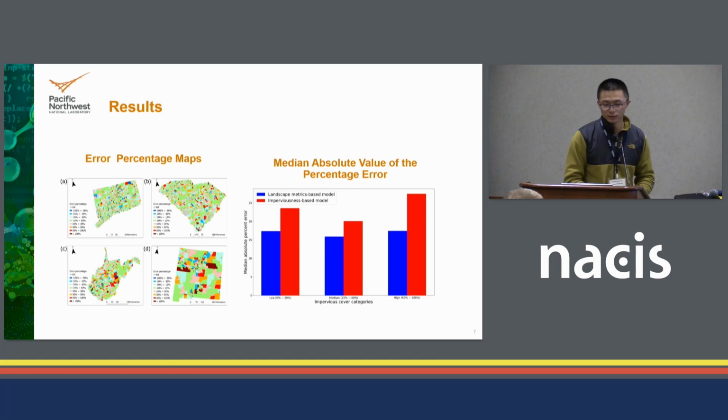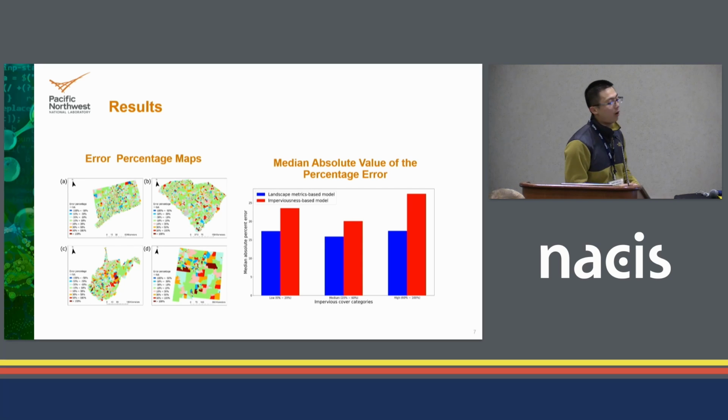This plot shows the median absolute value of the percentage error. On the x-axis, we have the low imperviousness group from 0 to 20%, in the middle the medium imperviousness group from 20 to 60%, and the third group is the high imperviousness group from 60 to 100%.